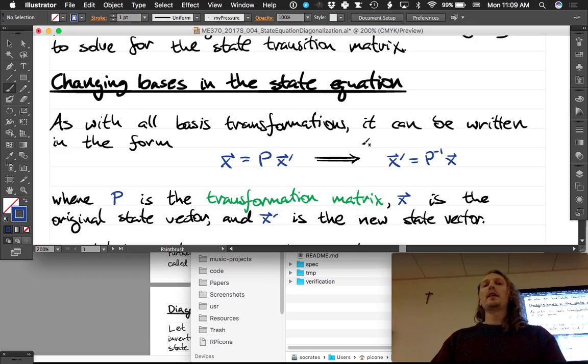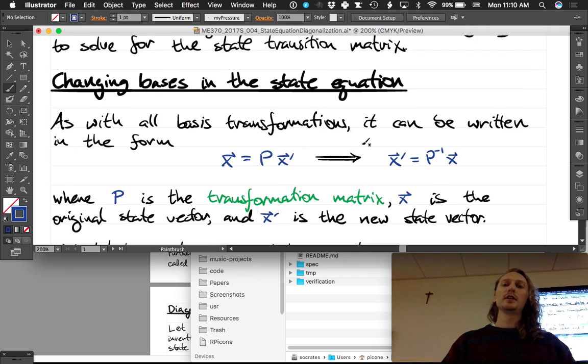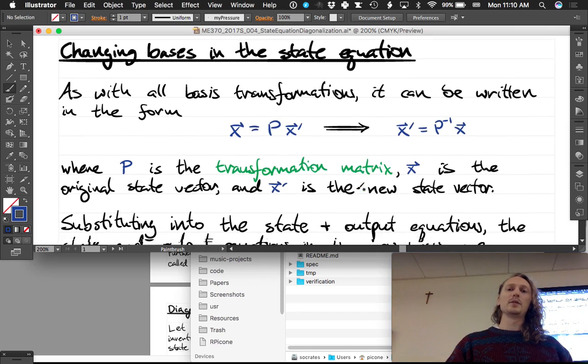So P, we haven't said what it is, just some transformation matrix. And the x prime vector is going to be in whatever basis the P matrix puts it into. Okay? We're going to use a very specific transformation matrix in our problems, but for now we want to learn how, if we want to change basis, you can do that in general, not just for the specific case that we want. So this is how you do it in general.